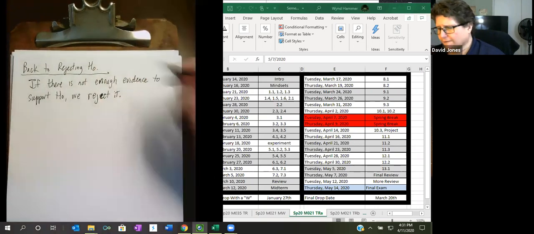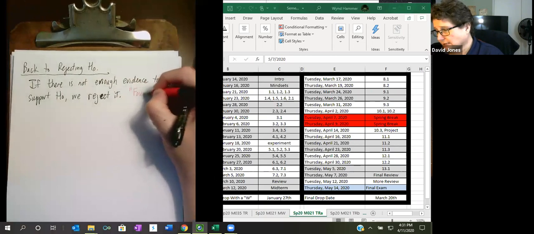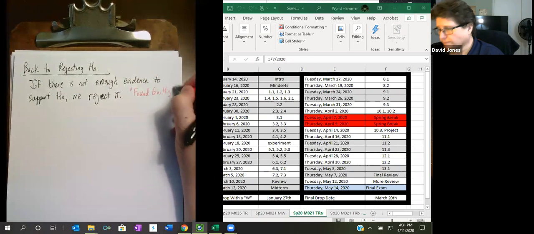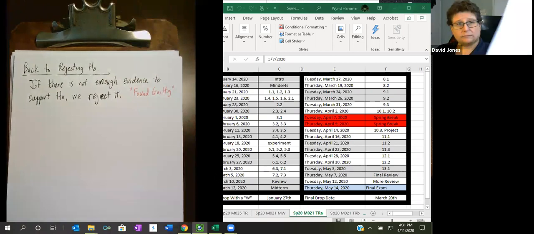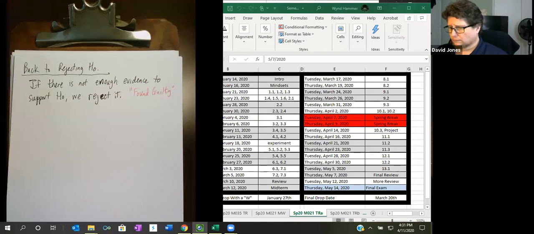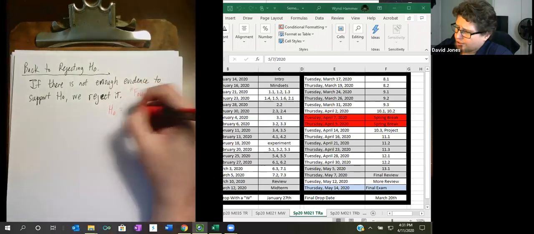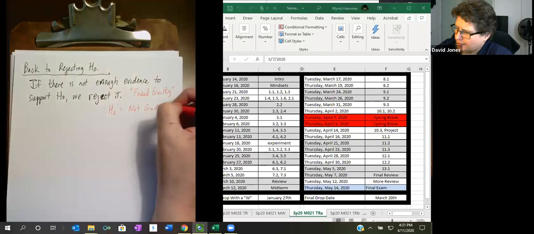In the court of law version, this is like finding the defendant guilty. So the court of law one, as we said, H0 was not guilty, which means what's the alternate claim here?